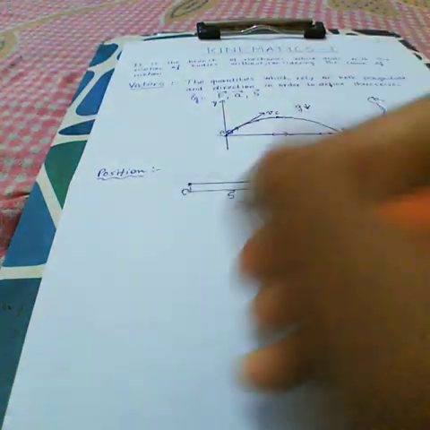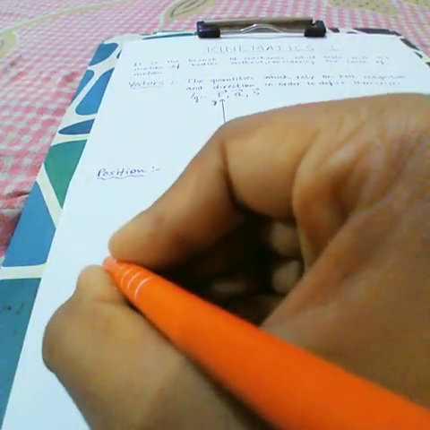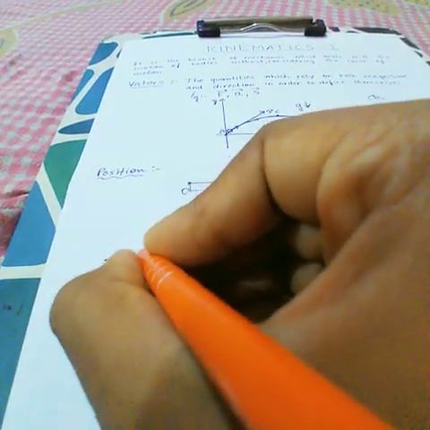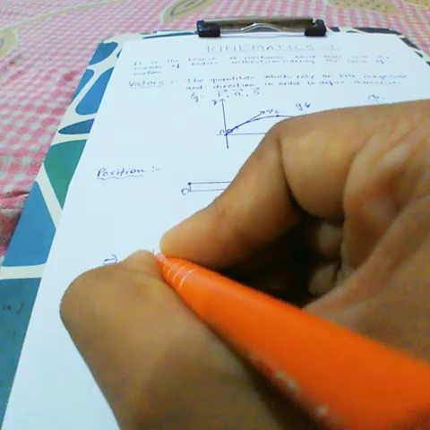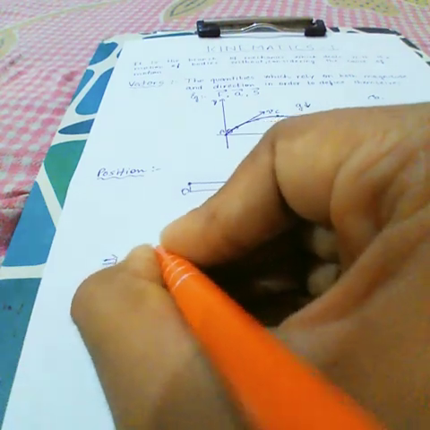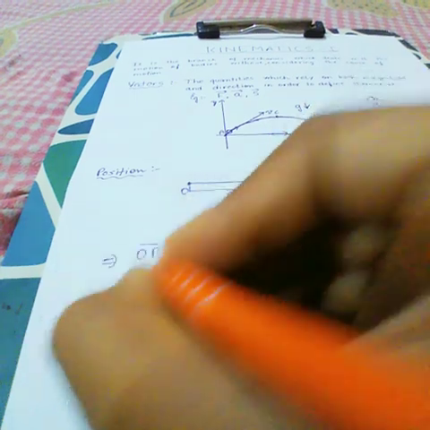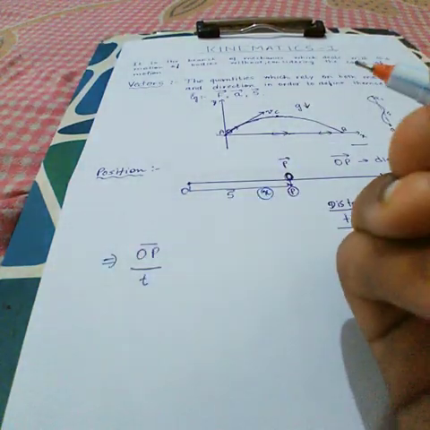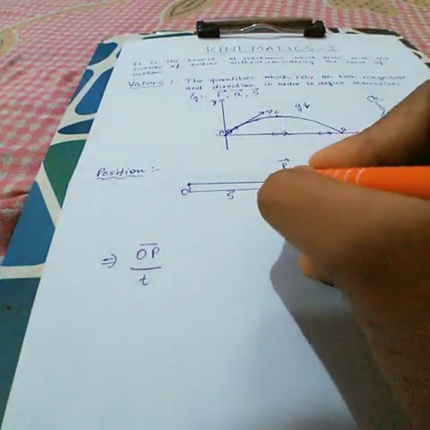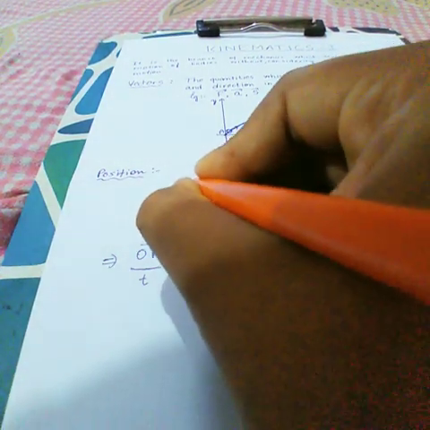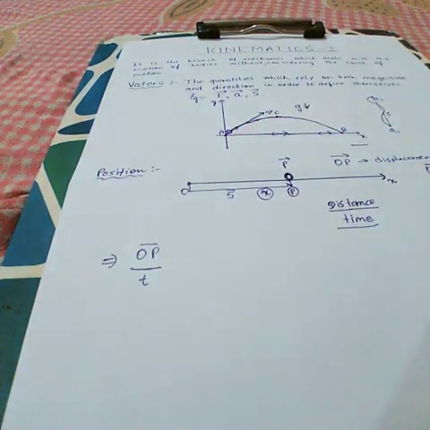So we can calculate speed from here. So the speed will be distance, which is OP by the time taken. The time taken by this ball to reach from the point O to the point P will be the speed.